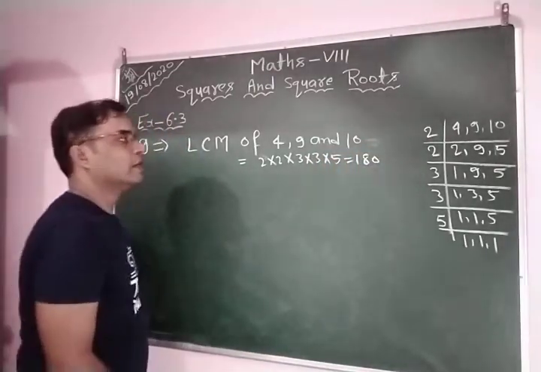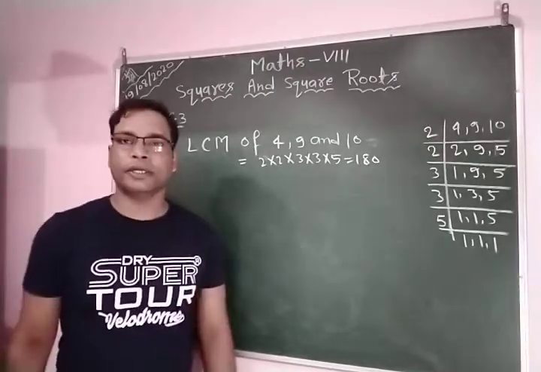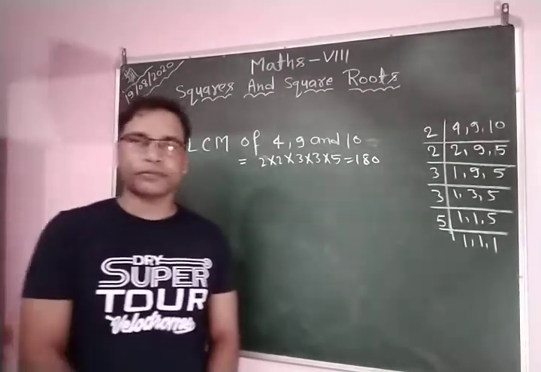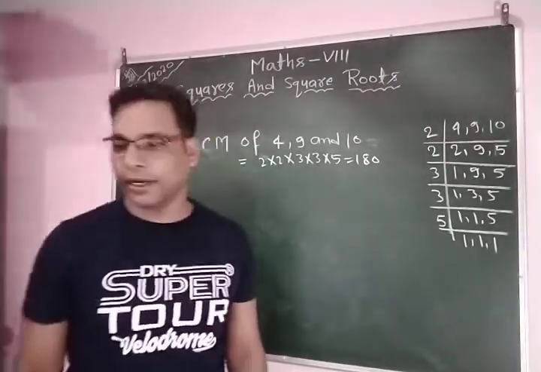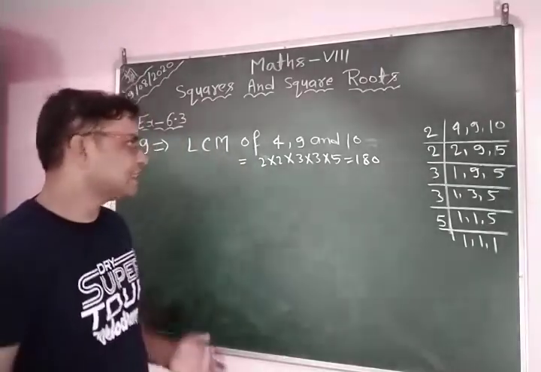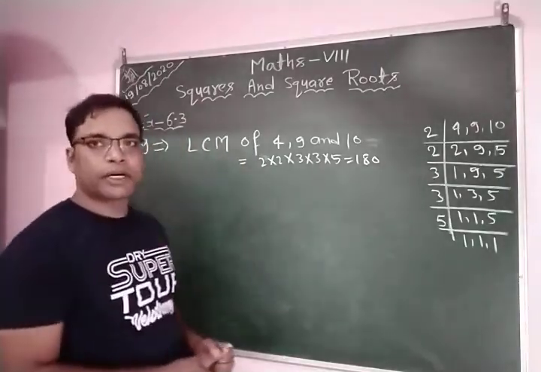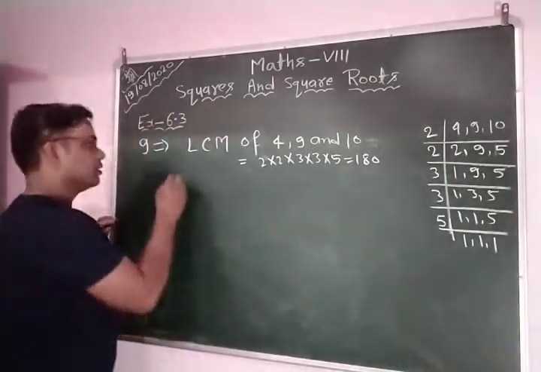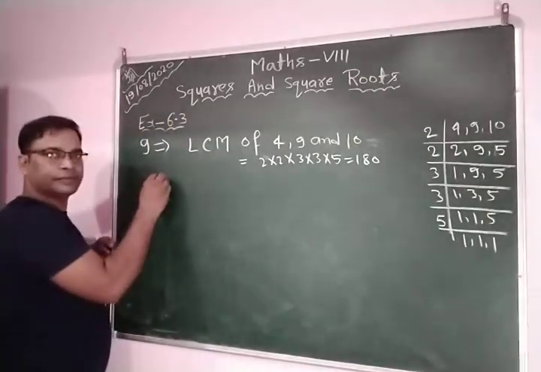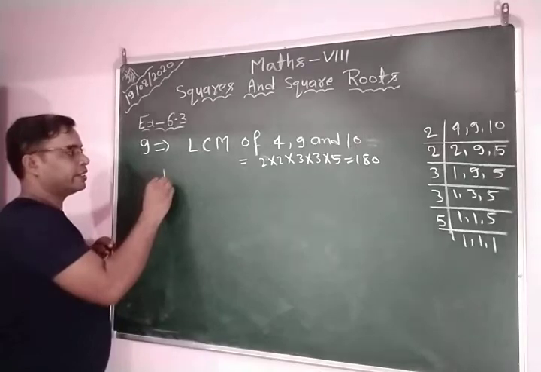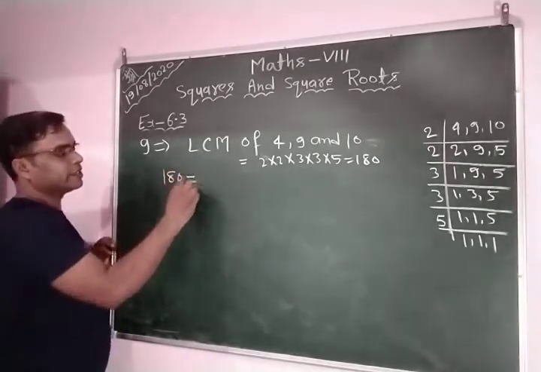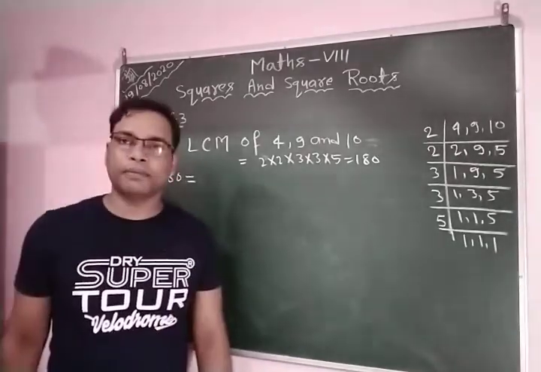Clear? The LCM of 4, 9 and 10 is equal to 180. Now we express this 180 as a product of prime factors.